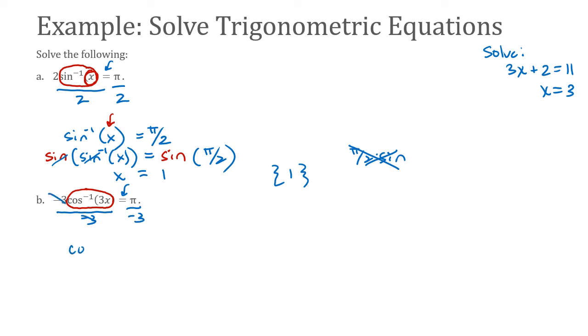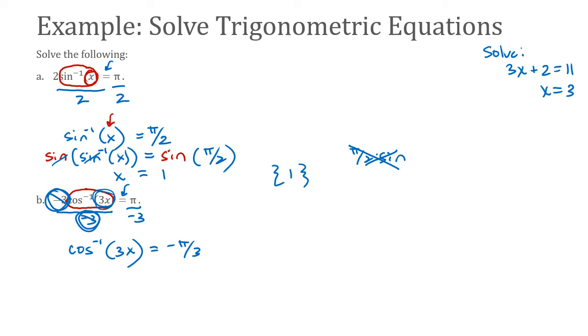I'm going to be left with inverse cosine of 3x equals -pi over 3. Now pay attention to the fact that when I divided by -3, the only thing that -3 divided into was the -3 on the outside. Nothing is going to happen to this 3x until it's out of the inverse cosine. It's not being touched until I do that.